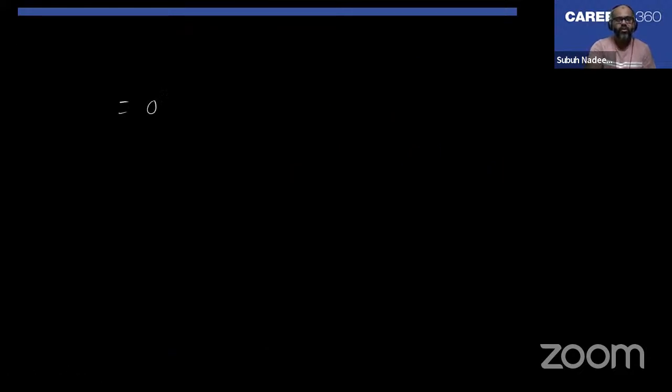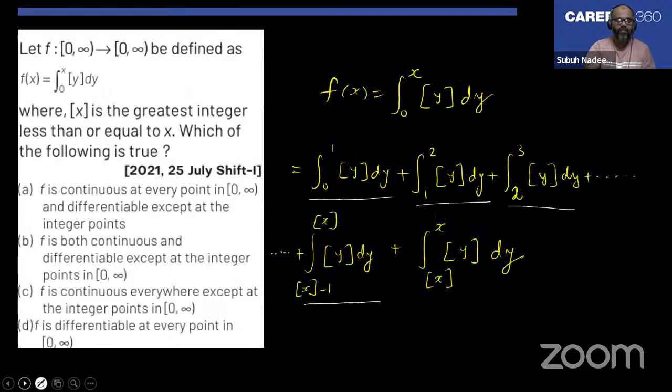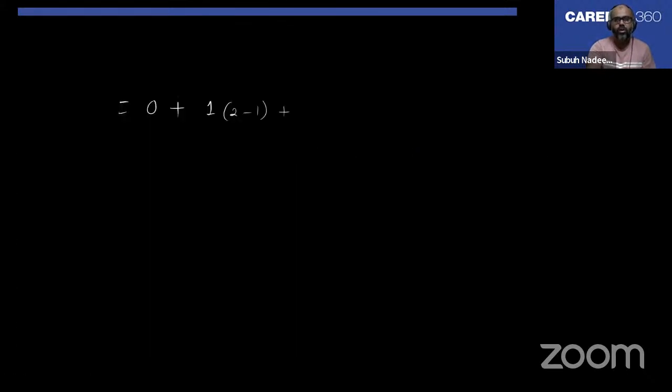So this will become 0 plus 1 dy, and that will become 1 into 2 minus 1. Then we have 2, and this is 3 minus 2.